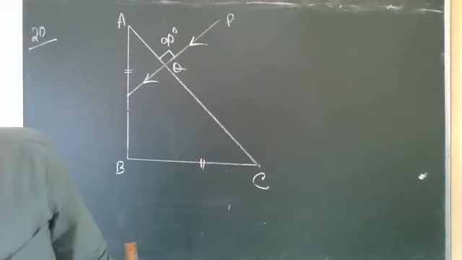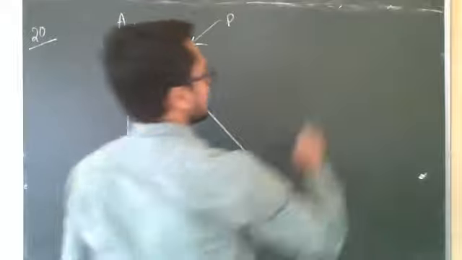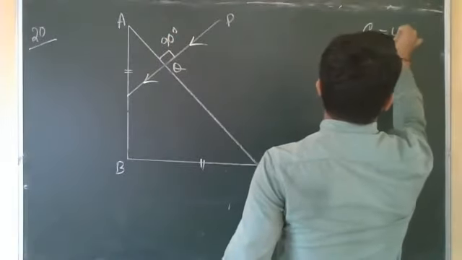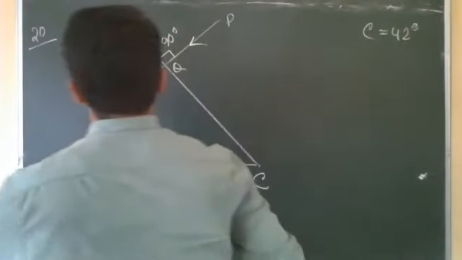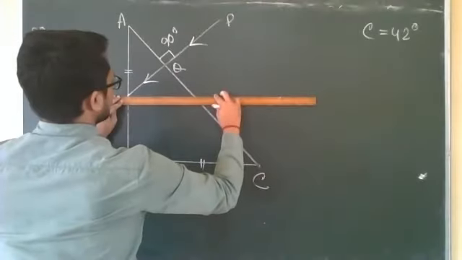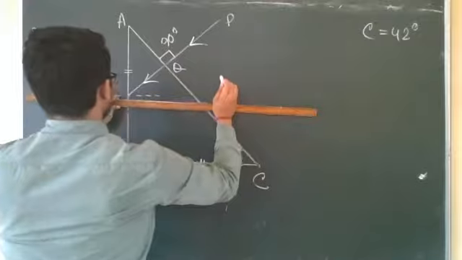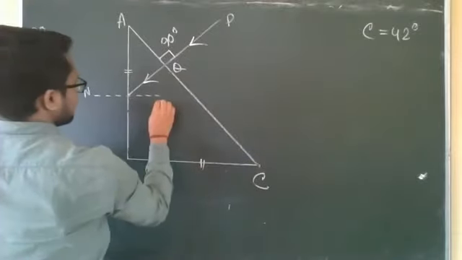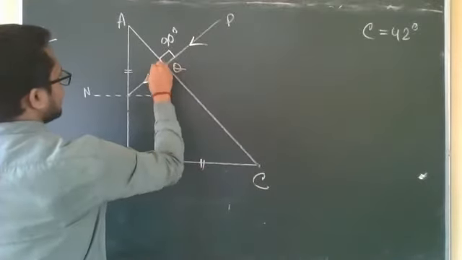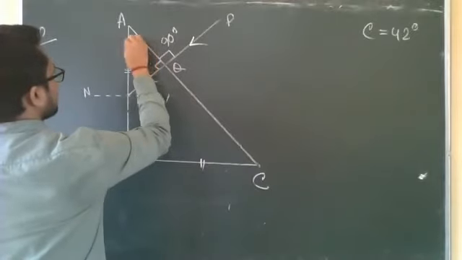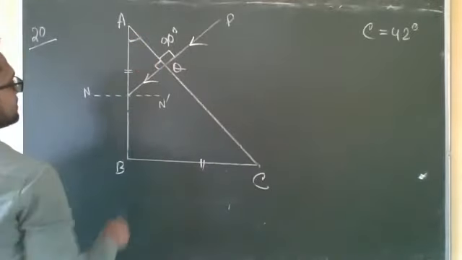The critical angle: as it is a glass prism, we will take the critical angle as 42 degrees. To find the angle of incidence at this surface, this is 90, this is 45, since it is a right angled isosceles prism.